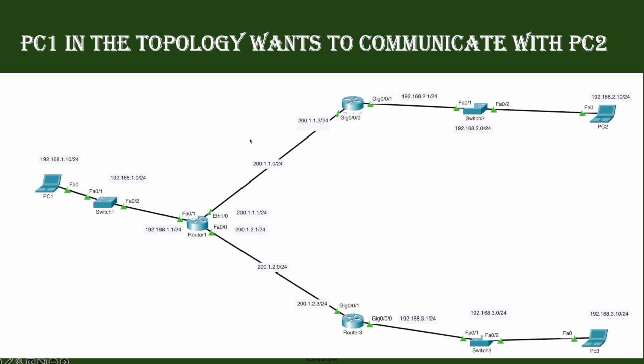So step by step, at every node, we are going to tell you what is actually happening, what makes the packet move forward, and how it actually happens. So let's get started.